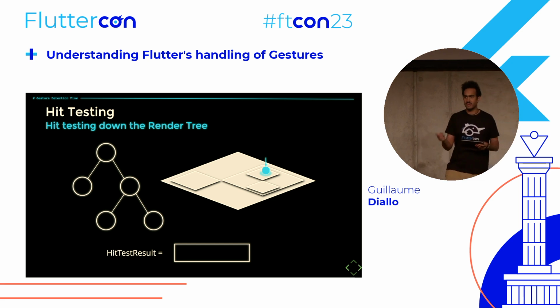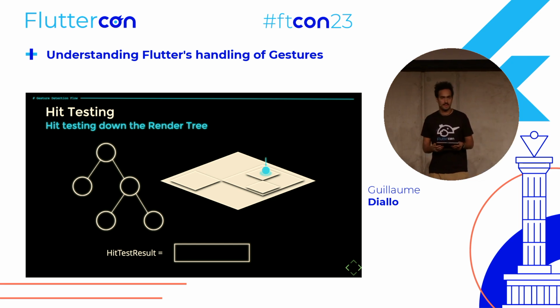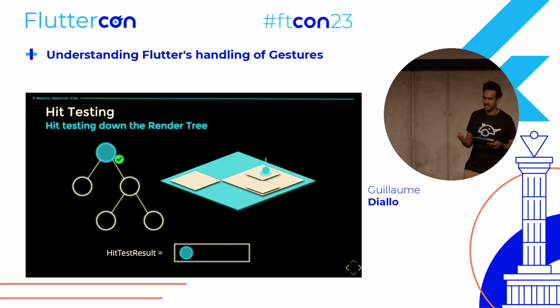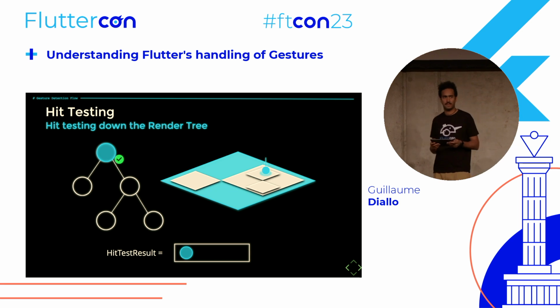Who are the widgets that are interested in doing something with that pointer at that location? So we ask the first widget of the tree, are you interested? Is that pointer within your frame? In that case, the first widget answers yes, it's in my frame. I might be doing something with it.